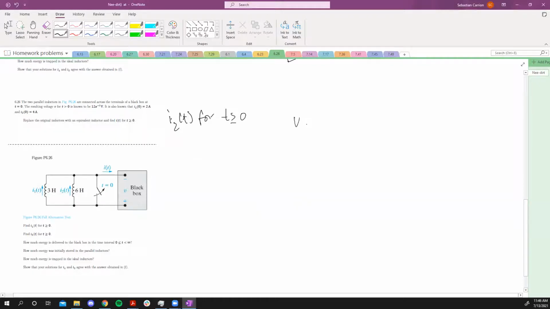Same equation, V equals L di/dt, plus 4. All right. Okay. So then continue the same thing.